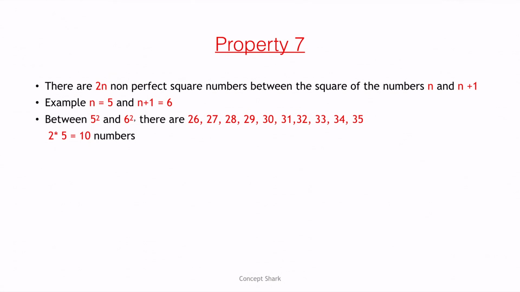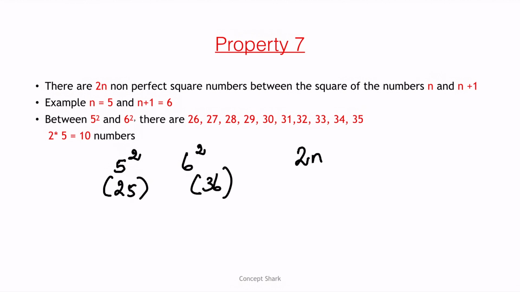So, between 5 square and 6 square, that is between 25 and 36, there will be 2n non-perfect square numbers. So, 2 multiplied by 5, that is 10 non-perfect square numbers between 5 square and 6 square. Those numbers are 26 to 35.